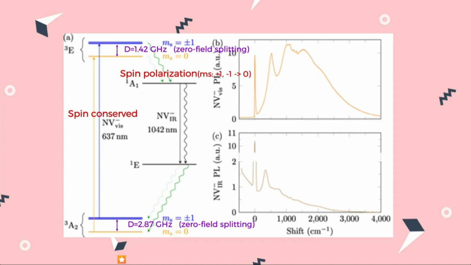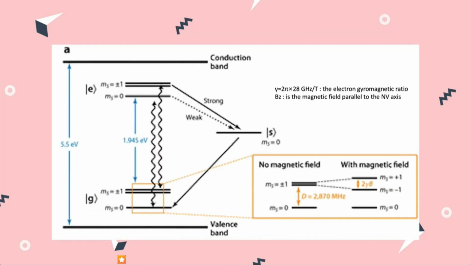Spin polarization means that when you apply a laser on the nitrogen vacancy axis, it gets excited, and when it comes back to its ground state, it produces a photon, and that is called photoluminescence. But when we apply a magnetic field, the Zeeman effect occurs. What do we mean by the Zeeman effect?